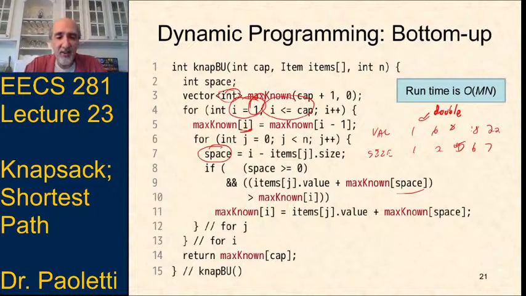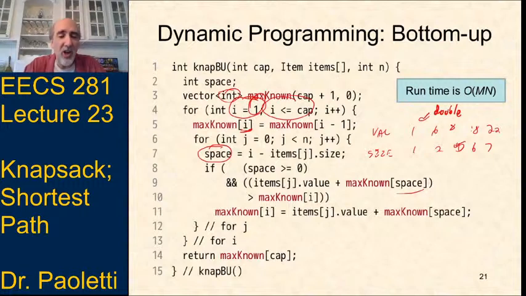One is that the math might produce round-off errors, and I might look up the best known value for a knapsack of 10.4372 and 4.7319999999, and they should be the same, but they're not. And so I've got a round-off error giving me a problem. So if the values are doubles, we can't do DP.